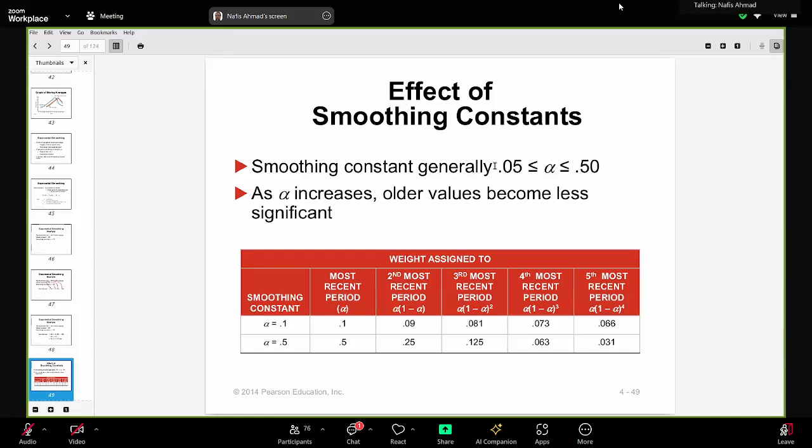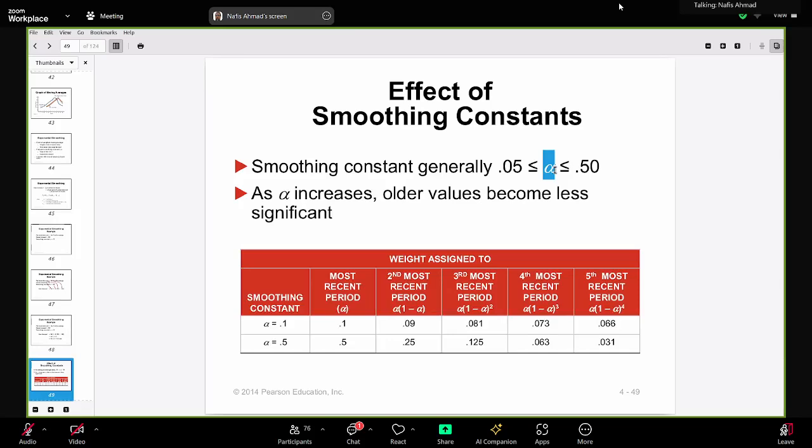It depends on the situation, the product, and the market. So you will be provided the value of alpha. For calculation, we cannot just randomly choose any value of alpha. As alpha increases, older values become less significant.